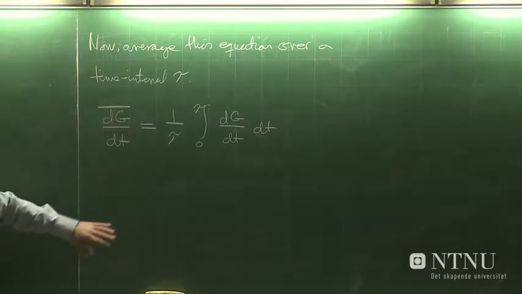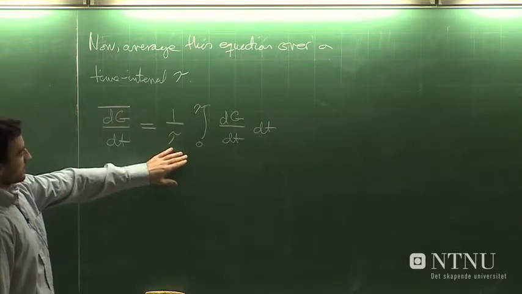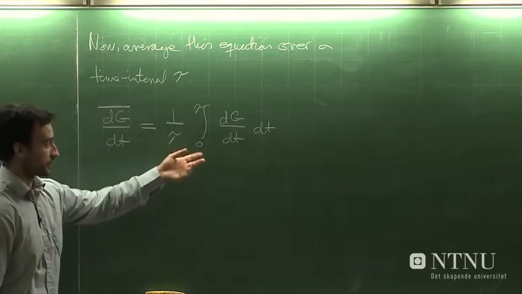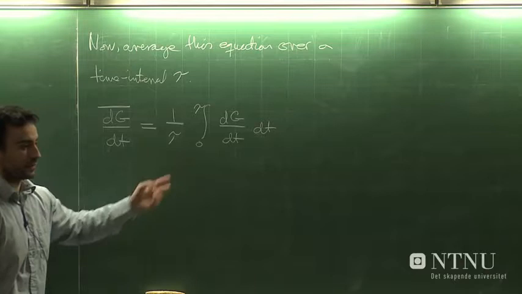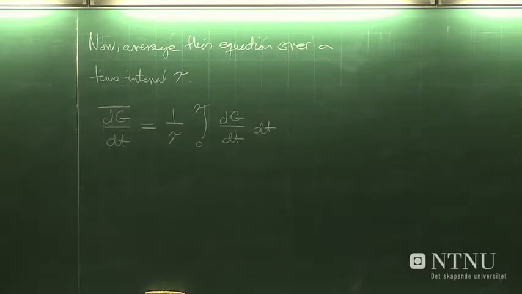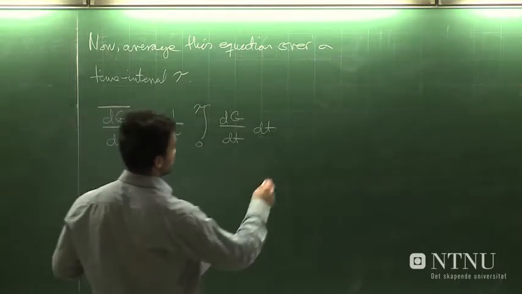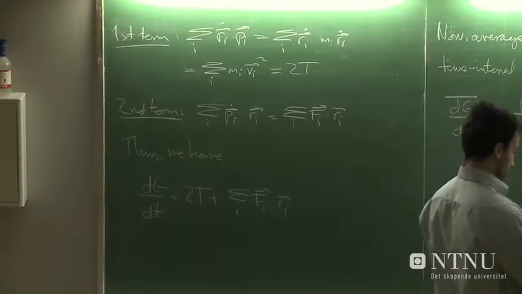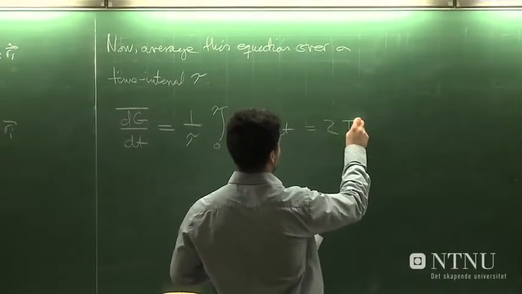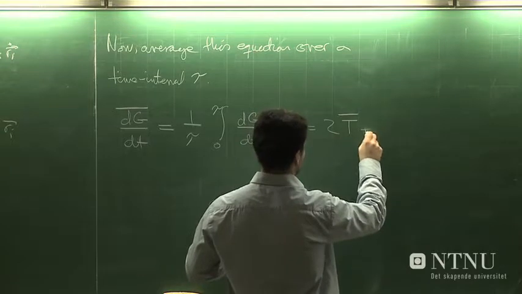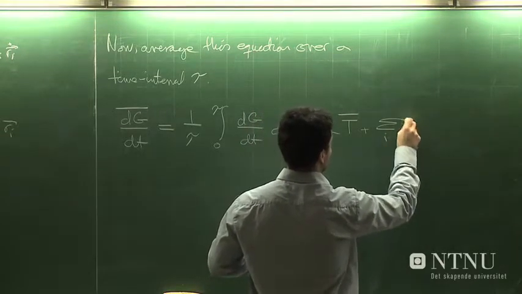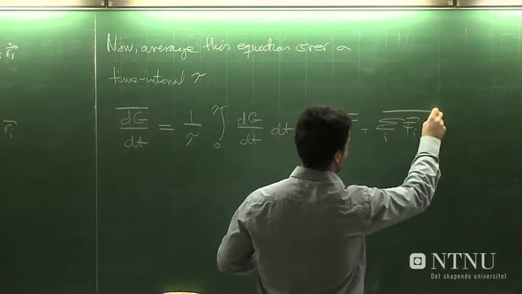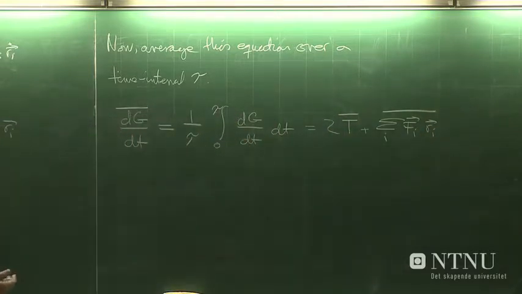By definition, the time average is the integral over the quantity from 0 to tau, divided by the norm of the time interval, just the length of it. So if I now insert the dg/dt into this integral, I would just get that.